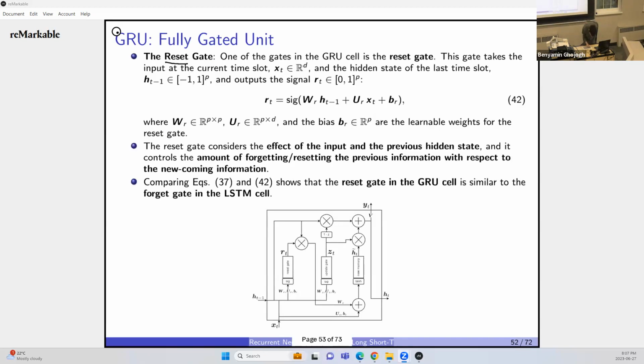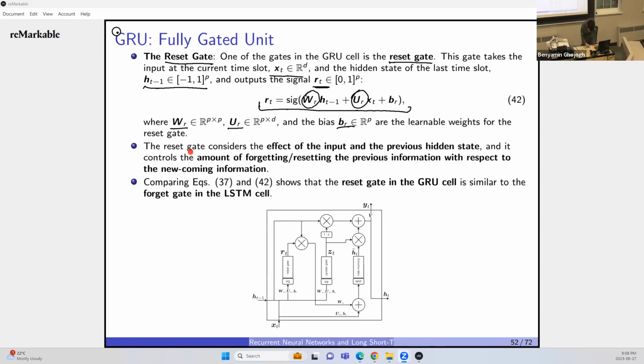So the reset gate. One of the gates in the GRU cell is the reset gate. This gate takes the input at current time xt and also the previous state ht minus 1, and outputs rt, very similar to what we had before, no peephole, right? And we have wr, ur, and br as the learnable weights. As I said, you can see these just as fully connected layers for transforming ht minus 1 to the next thing, okay?